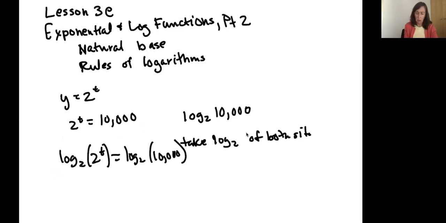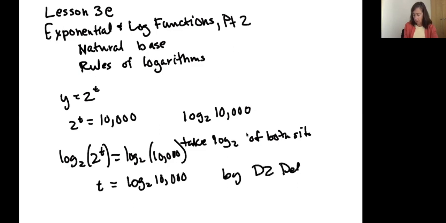I guess this is the one that we were calling the D2 definition, that if you first raise a base to a power and then take the log for that base, you get back to t. Okay, so that equals t, and this equals the log base 2 definition of log. Okay, that's great.